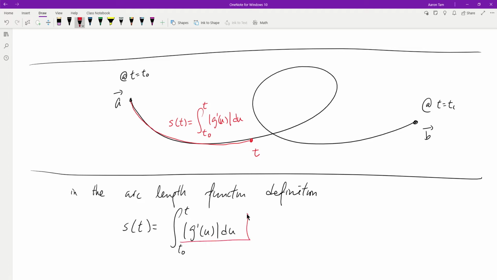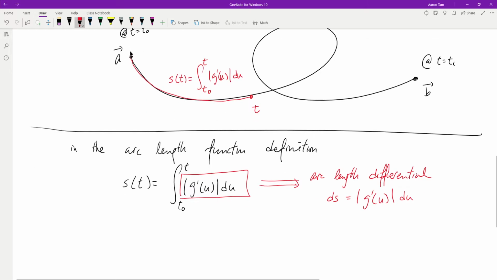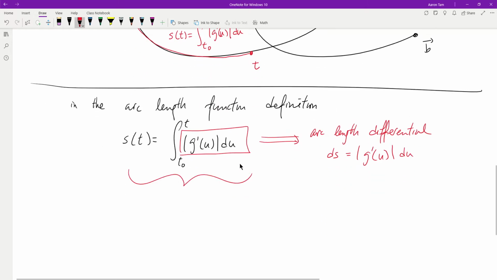This part right here actually has a name. This is often referred to as the arc length differential. And the arc length differential sometimes is referred to as just ds, which is equal to the length of g prime of u du. So therefore, if you think about it, you could actually rewrite this expression into this one.